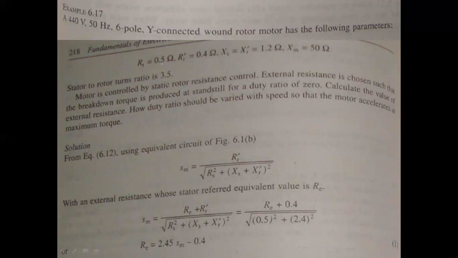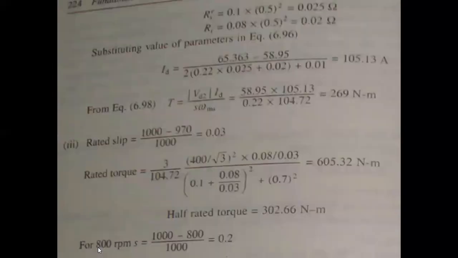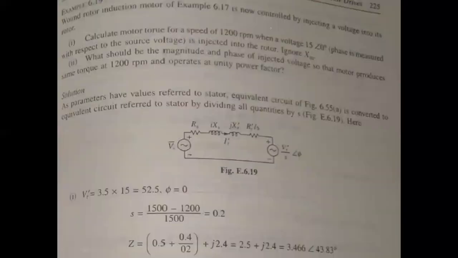These are the parameters RS, RR dash, XS, XR, and we are neglecting the XM. Here the motor is controlled by static rotor resistance control, but now our motor is controlled by injecting a voltage into the rotor.